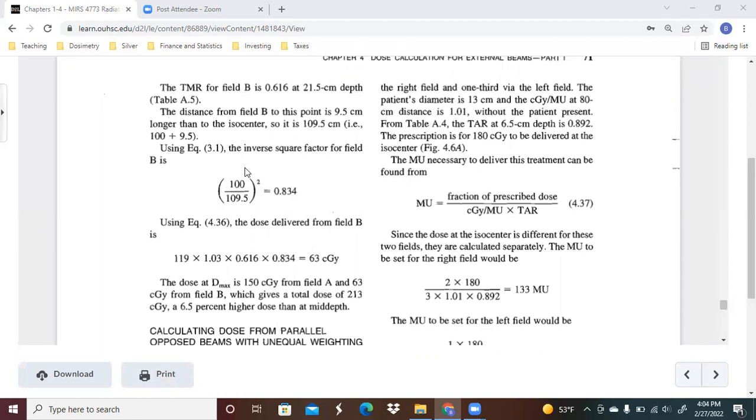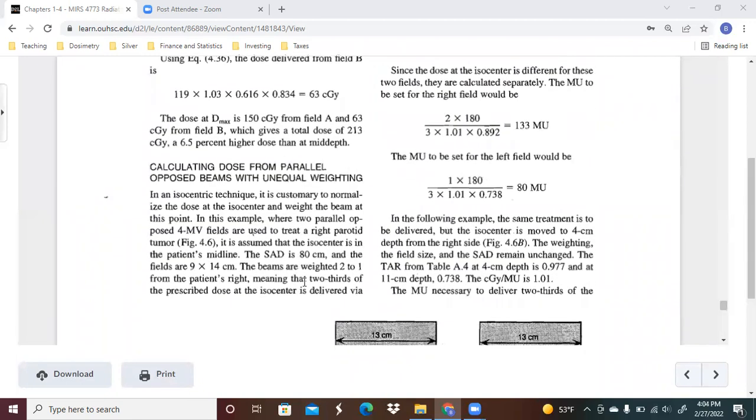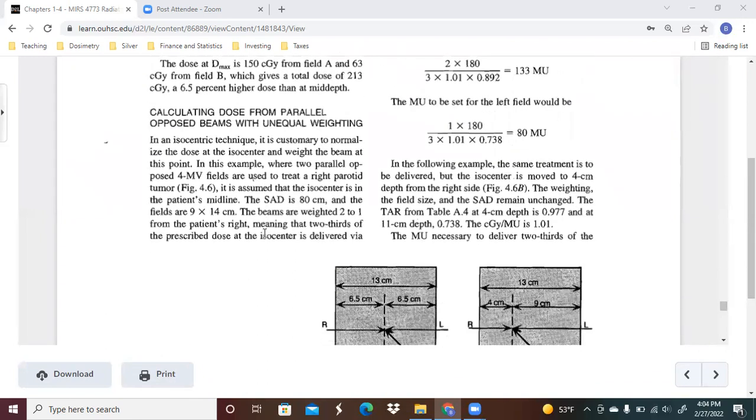The inverse square factor is 100 divided by 109.5 squared. Plugging all of that information in, you find out that it's delivering 63 centigrade. So the dose at D max is 150 from field A and 63 from field B, which gives us a total dose of 213 centigrade, 6.5% higher dose than what you're seeing at mid depth.